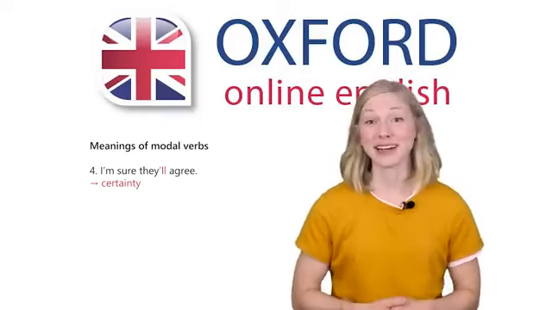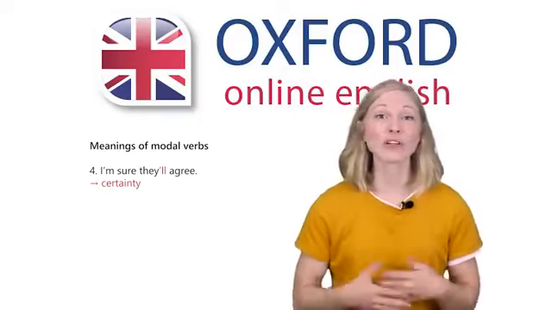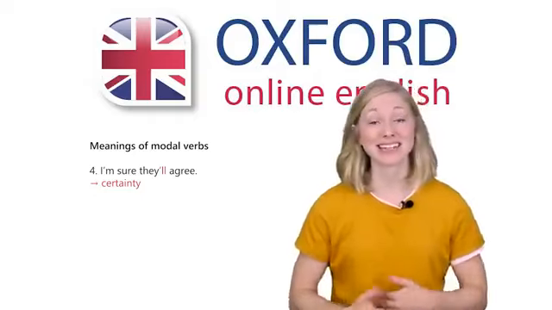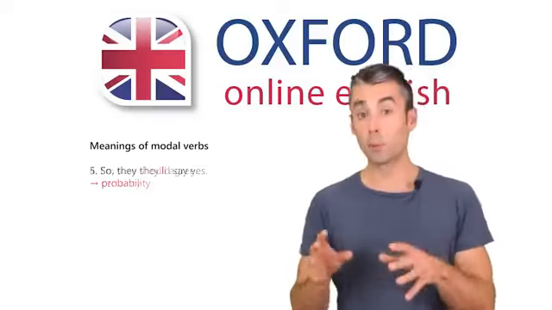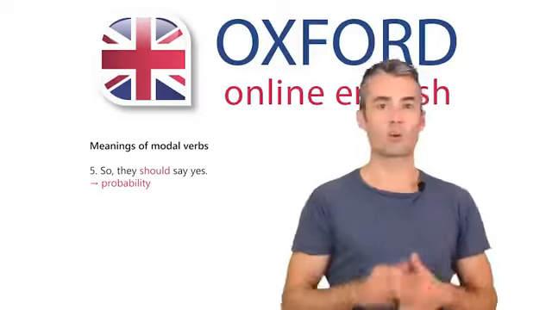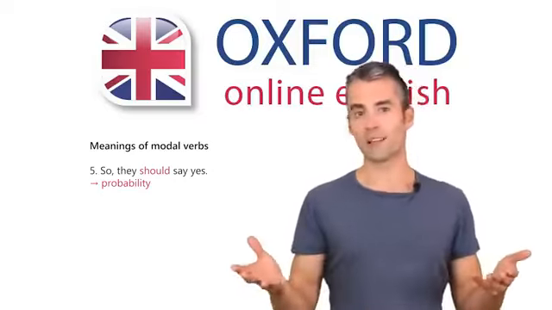In case you're wondering, possibility and certainty are closely related. We're separating them, but you could also see them as 2 sides of the same idea. However, probability, as in sentence 5, is different. Here's a question. What's the difference between probability and possibility?